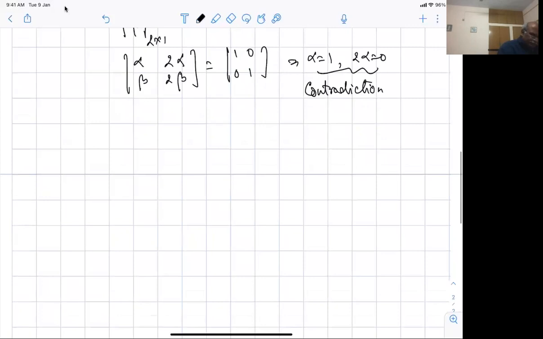So definition: A belongs to n cross n over C, so a square matrix.